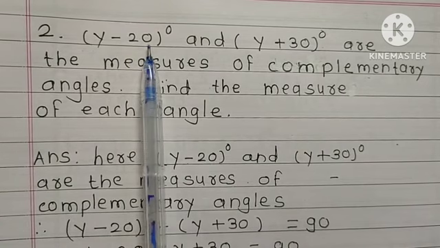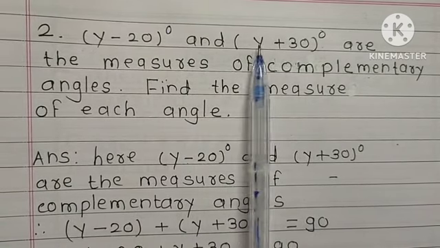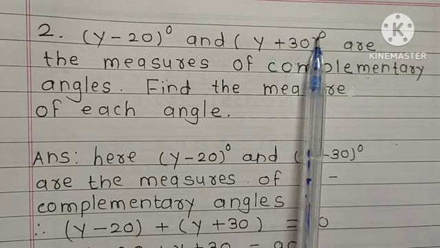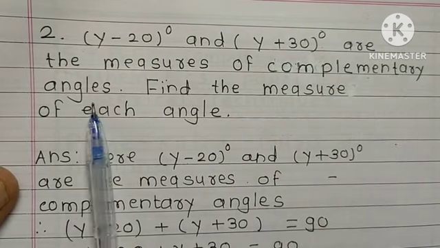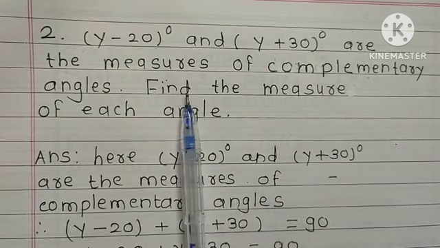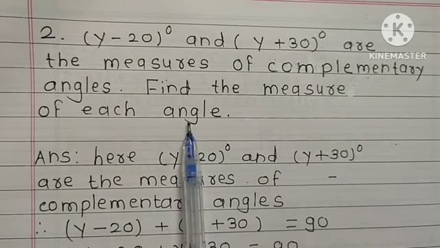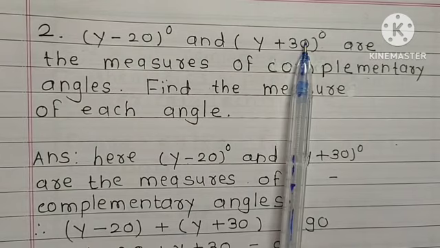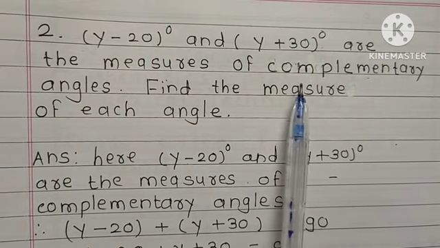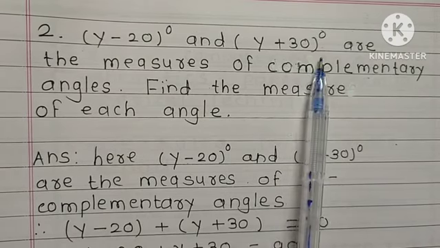Y minus 20 degree and y plus 30 degree are the measures of complementary angles. Find the measure of each angle. So these are the two angles given, and they are complementary angles.